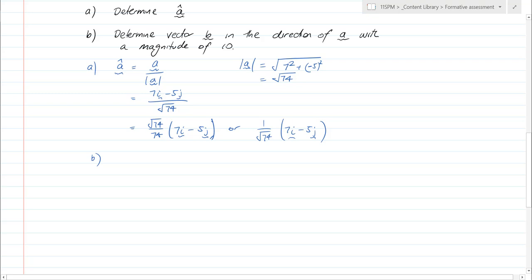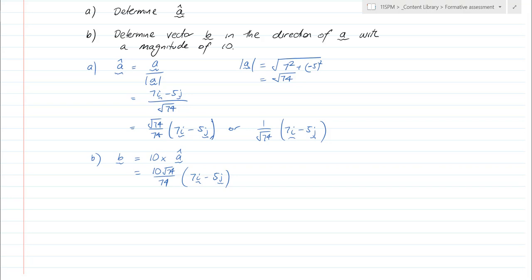A hat is in the direction of A with a magnitude of 1, and therefore vector B will be equal to 10 times vector A hat, which will just be 10 root 74 over 74, which you can simplify, but again, I'm not really testing your fractions. So whilst I would expect you to simplify and make that 5 over 37 and do something like that, it's probably not the end of the world.